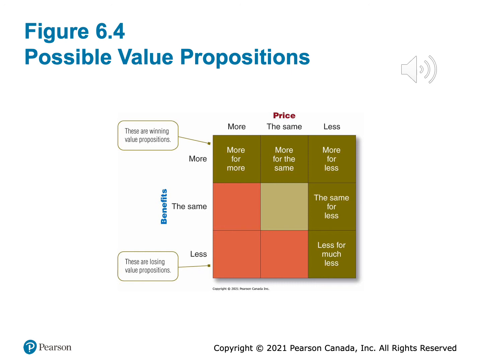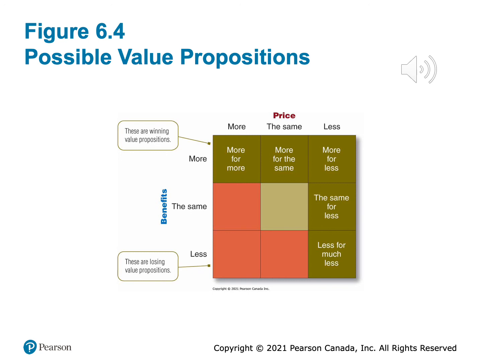More for less is a value proposition where you offer more value to your customers, but charge less money. That's a potentially very good value proposition. You're offering your customers more, but at a lower price. You can offer your customers the same value, same benefits, but for a lower price.